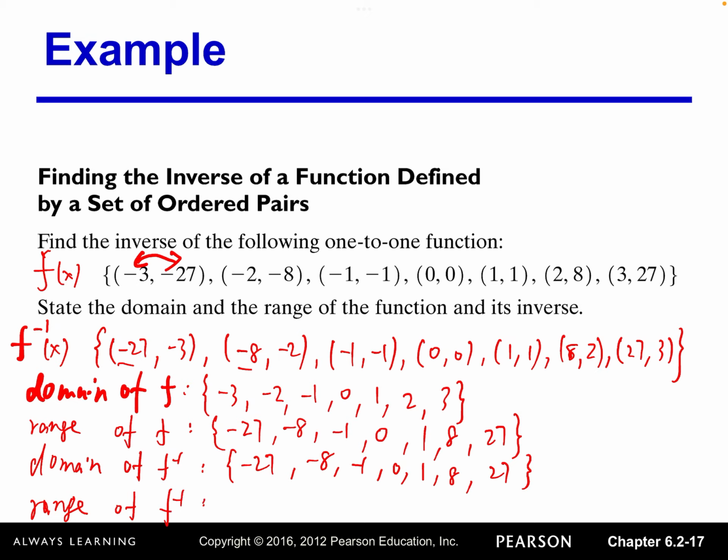That's all the y's of the inverse, so that will be -3, -2, -1, 0, 1, 2, 3. So now you will see the domain of the original function is actually the range of the inverse, and the range of the original function is actually the domain of the inverse, because x and y swapped.